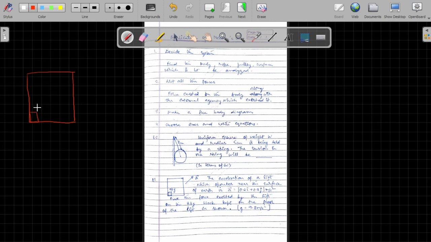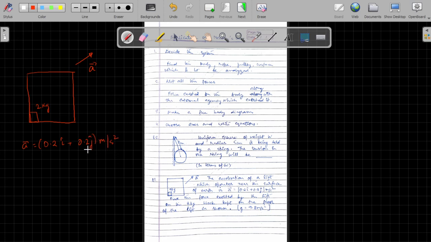So we have drawn the block. The block is of mass 2 kg, and there is an acceleration a. So the acceleration is equal to 0.2 i cap plus 0.2 j cap meter per second square.